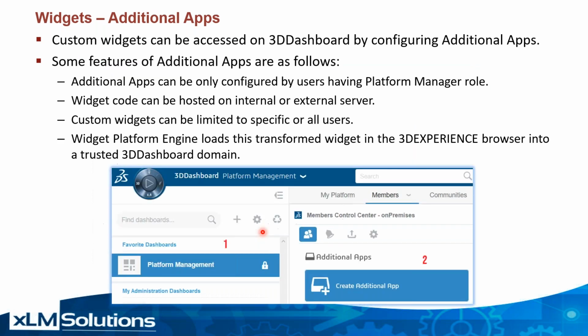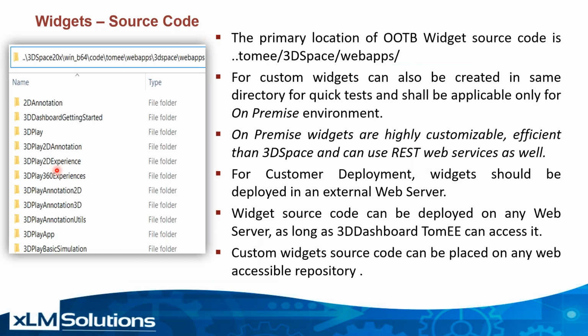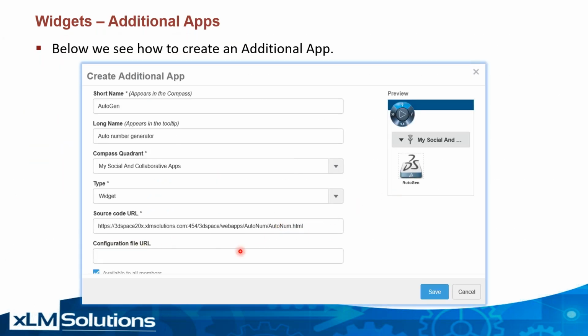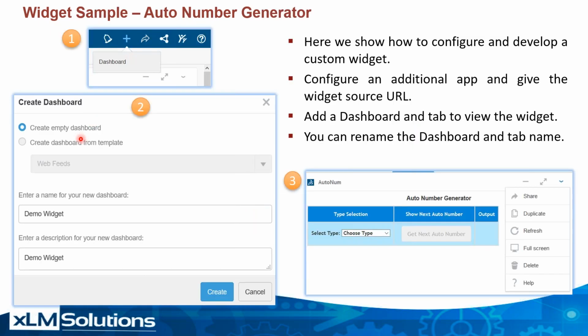Autonum is a folder created here, and an HTML file is there, which I will show you in the next slide. They are linked, and you say save. Within a few seconds, when you refresh your dashboard, you can create an empty dashboard. We said widgets, and you drag and drop as I showed you, or you can select and run it directly. You can rename and make many changes here.